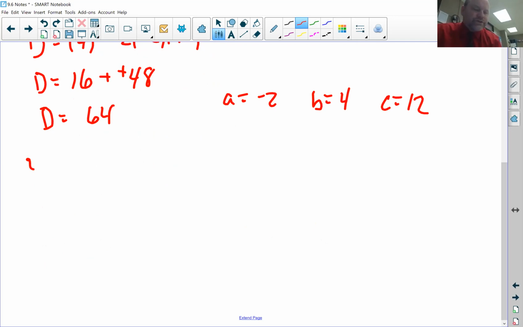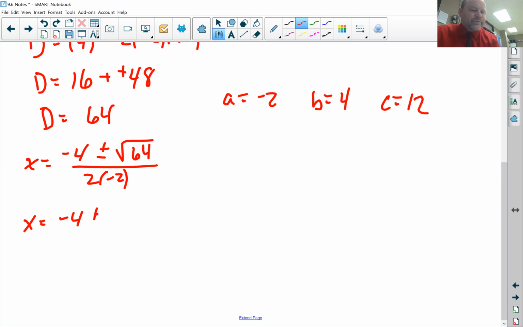So our solutions would be the opposite of B plus or minus the square root of D over 2 times A. And 2 times negative 2 is negative 4.